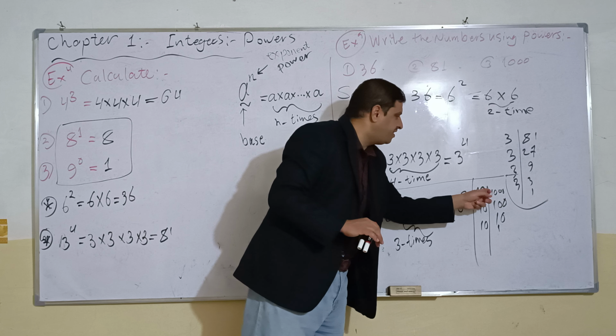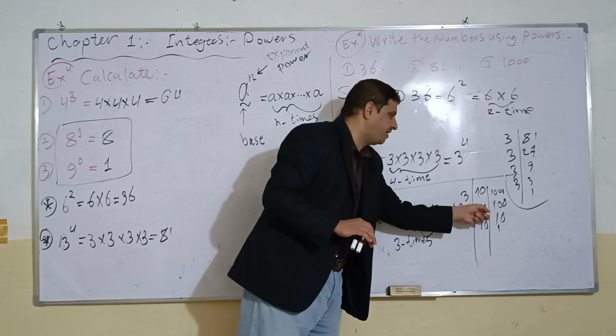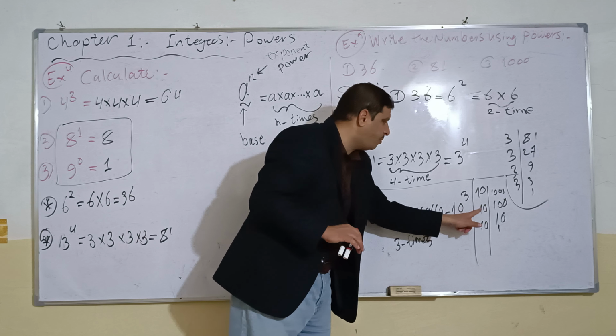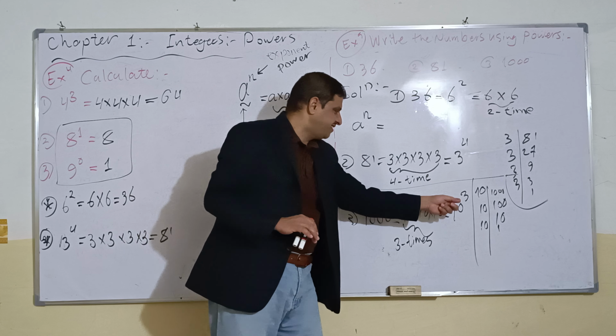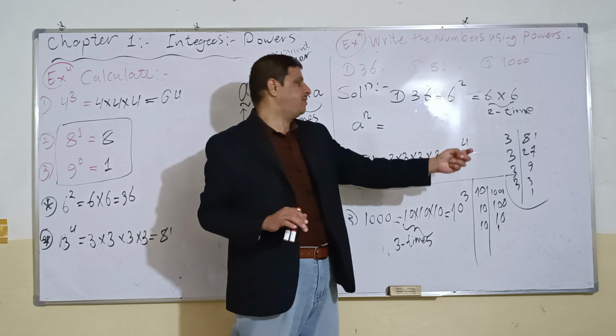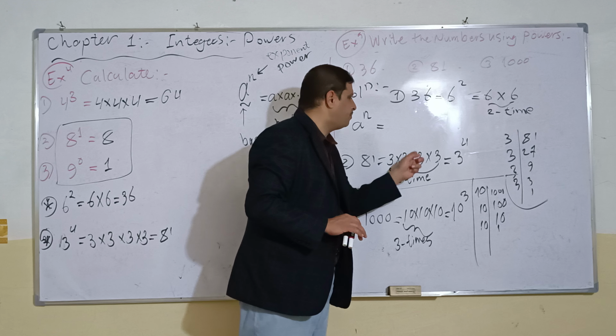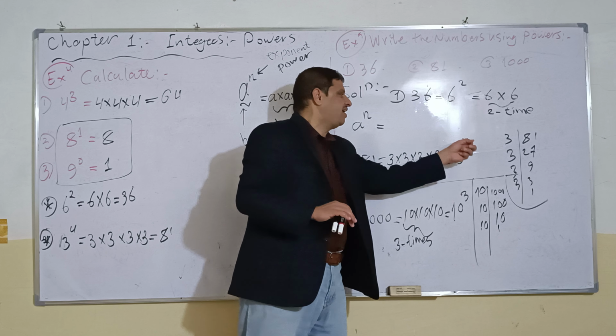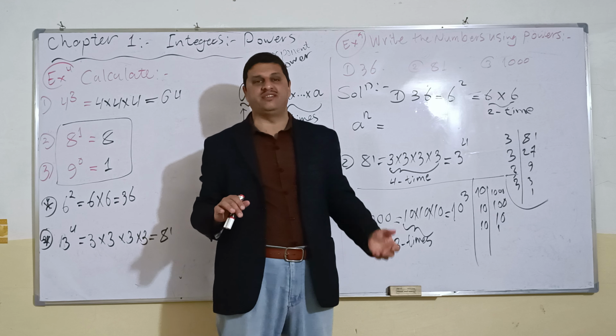Here it is by 10: 1,000 by 10 is 100, by 10 is 10, by 10 is 1. How many 10s? 3 tens. One of them is the base and the number of them is the power, and so on, honey students.